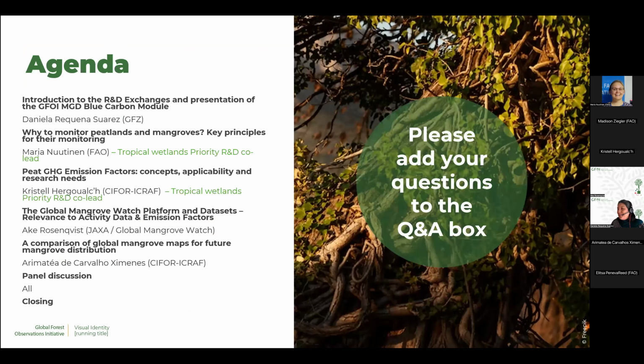So there are a few presentations that we will have. The first two will be led by Maria Nutinen from FAO and by Crystal Herduas from C4ECRAF. They are both tropical wetlands priority R&D colleagues within the GFOI R&D component.